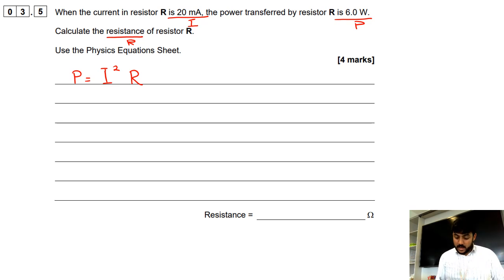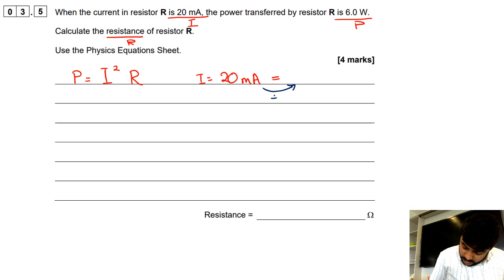Okay, now we can write down what the terms that we have are. Current is equal to 20 milliamps. Immediately I recognize that I need it in amps, so I convert that to amps. 20 milliamps is converted into amps by dividing it by 1000.